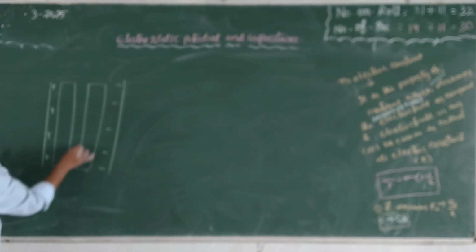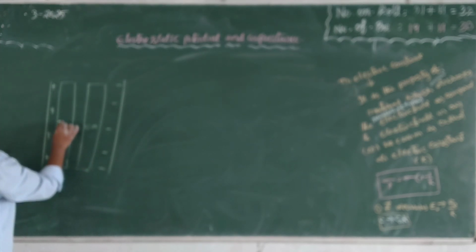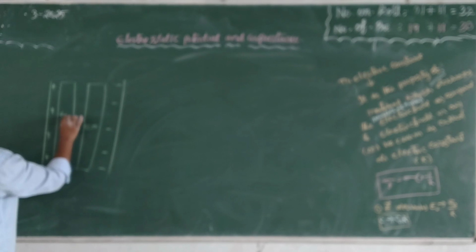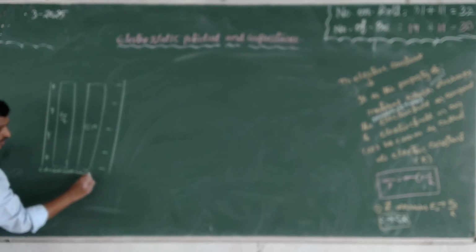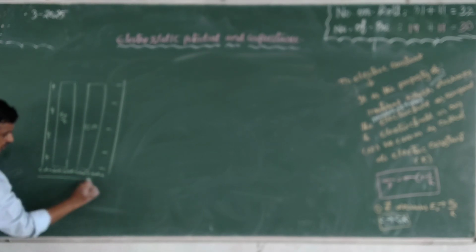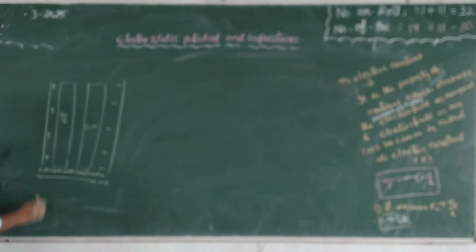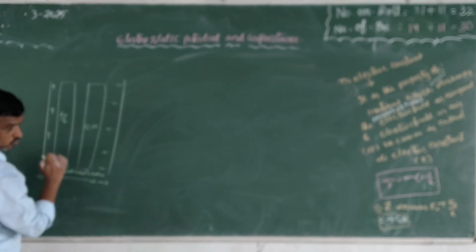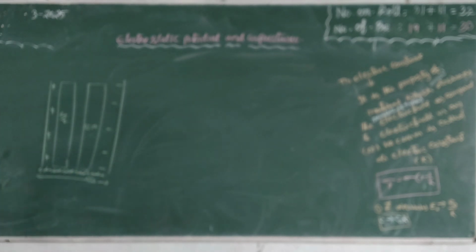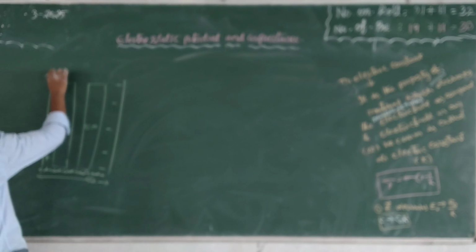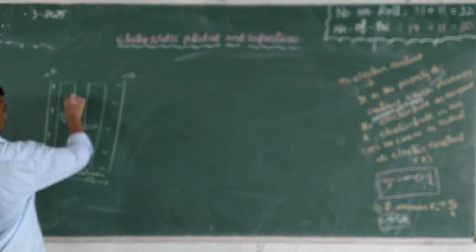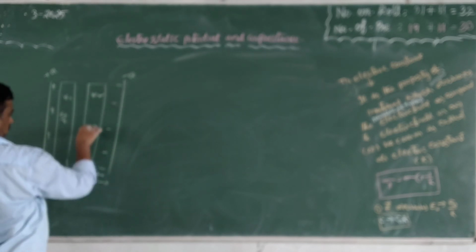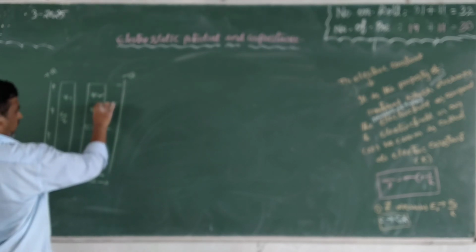Metal means electric field is 0. Here the electric field is E naught by k. Each distance is d, so the total is 5d. Here it is plus q, minus q, with k1, and k2 is infinity.